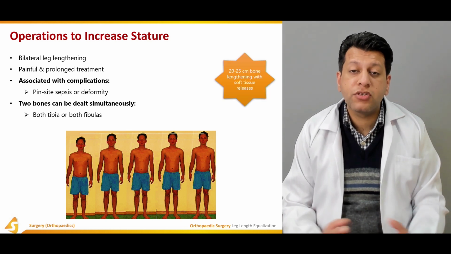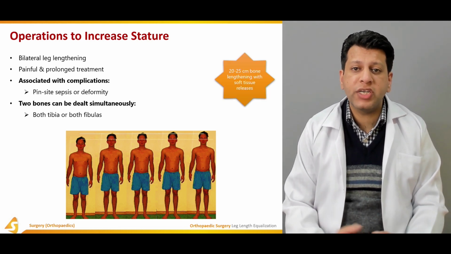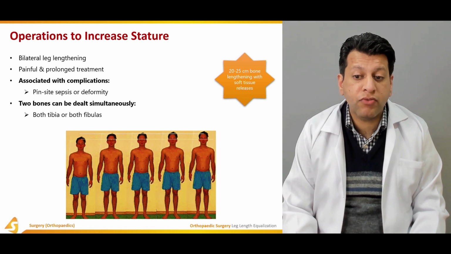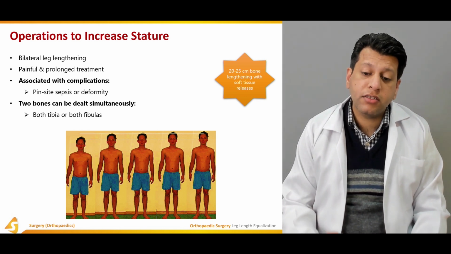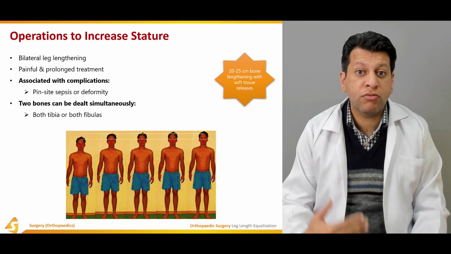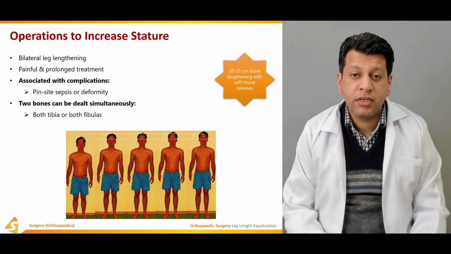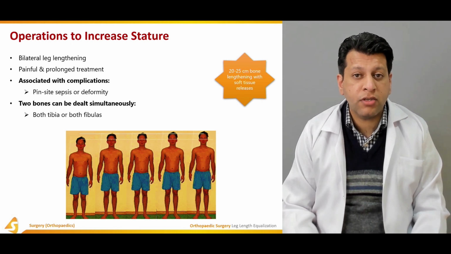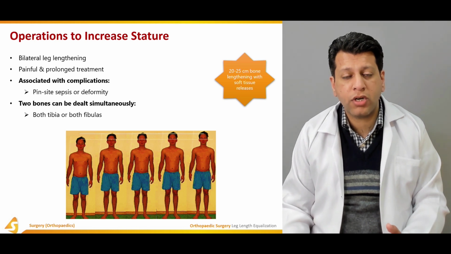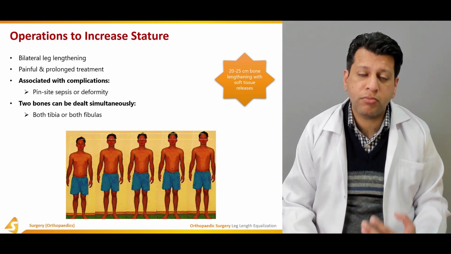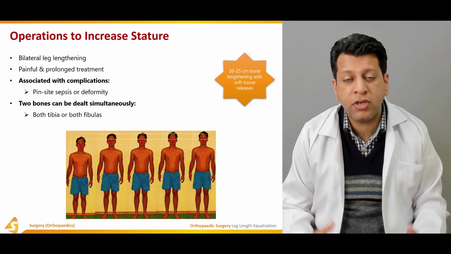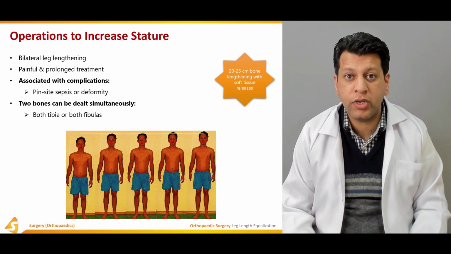Now one has to remember that only about 20-25 centimeters of the bone can be lengthened. That is, if the limb length discrepancy is more than 20 centimeters, then despite shortening the long bone and lengthening the shorter bone, we may still not be able to achieve complete limb length equality.